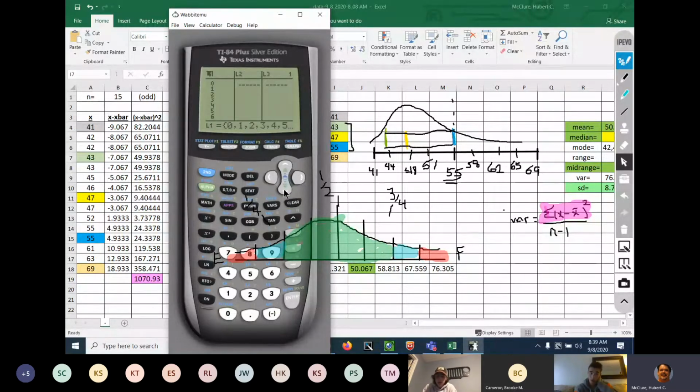All right, here we go. We're going to add our numbers. 41, 42.